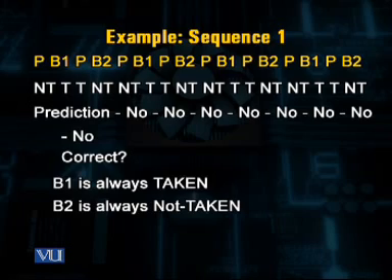Now, in this particular situation, the prediction bit P is initially not taken and it inverts every time it is mispredicted. The prediction for B1 is not correct the first time here. Therefore, P is inverted from not taken to taken. Similarly, the first B2 is mispredicted and P is inverted again to not taken, which results in a correct prediction for B1.